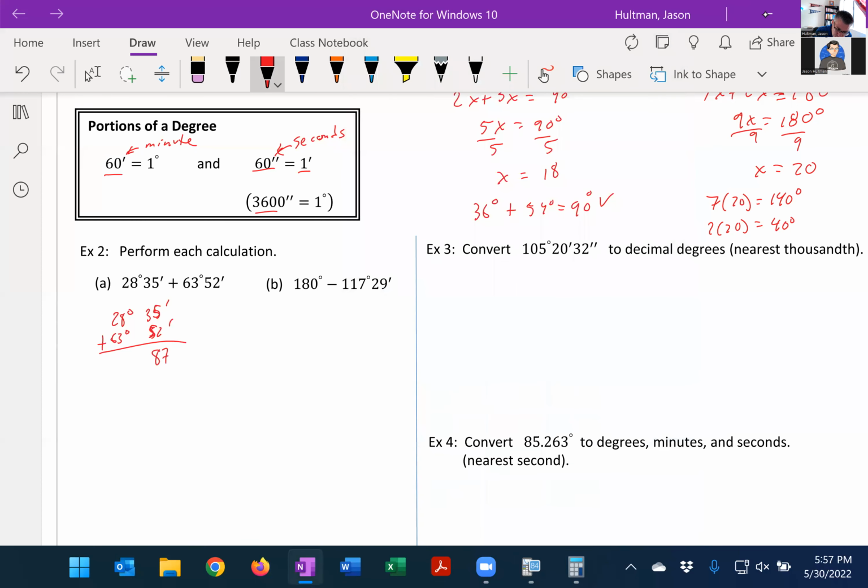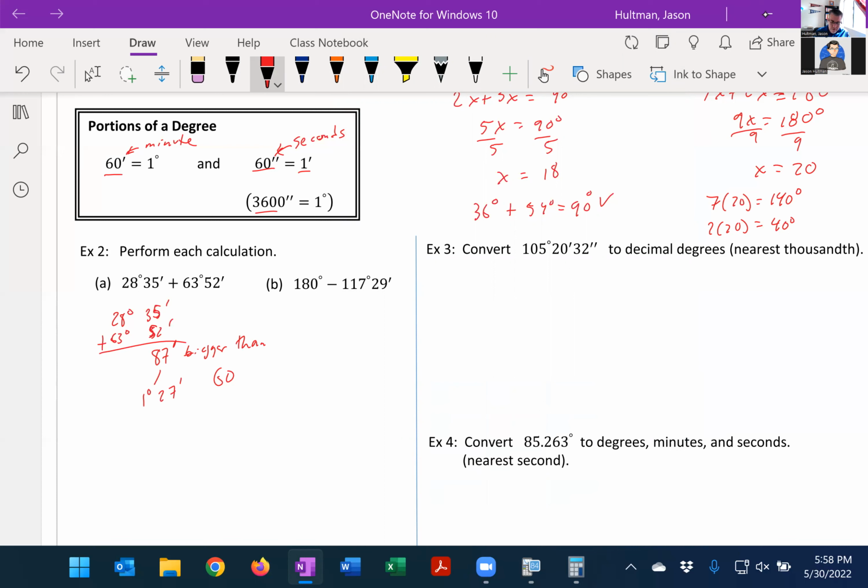Now, 87 is bigger than 60. So it is 87 minutes, but think of a clock, right? If you have 87 minutes then you're going to have 1 hour and 27 minutes. So this really is 1 degree, 27 minutes.